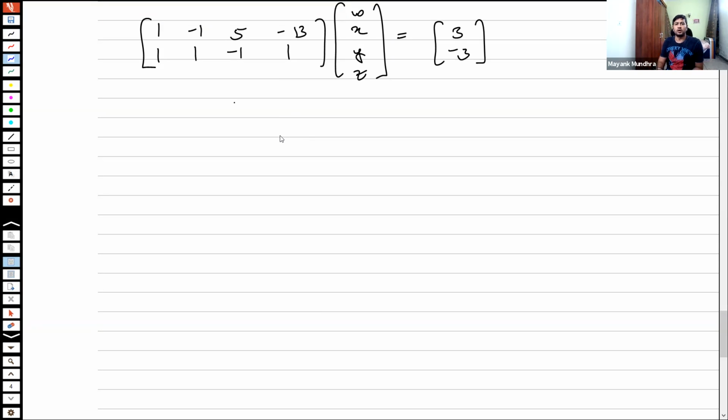So obviously Gaussian elimination. Row 1 goes to row 1 minus row 2.